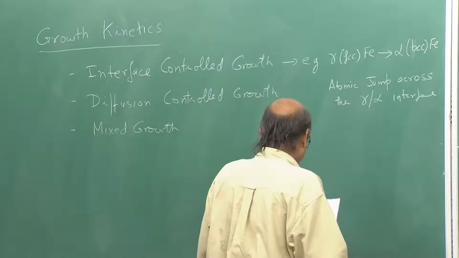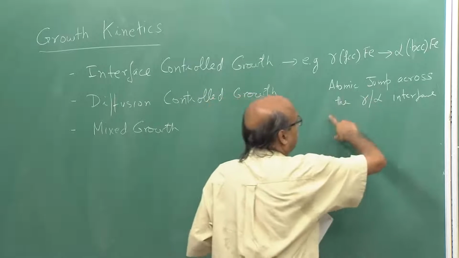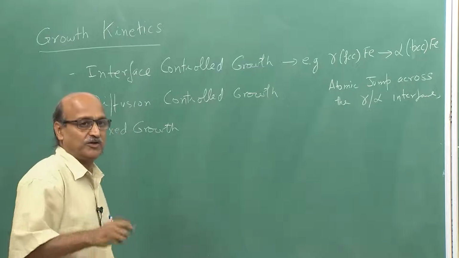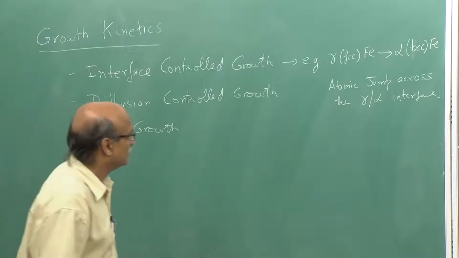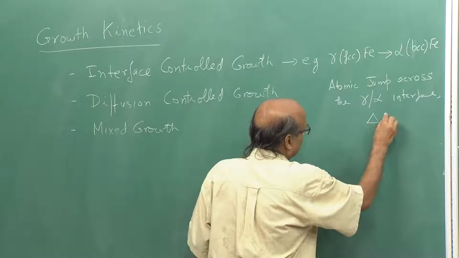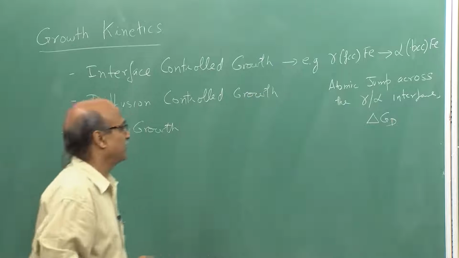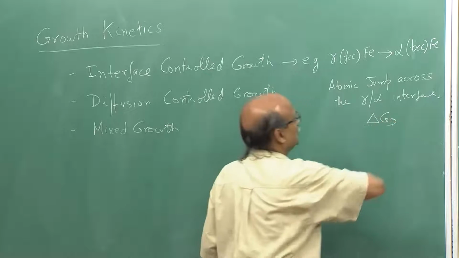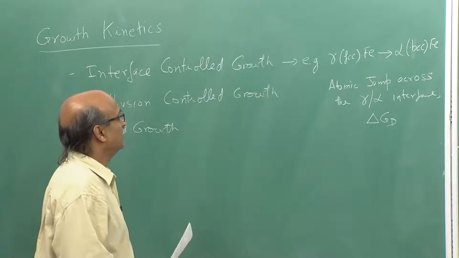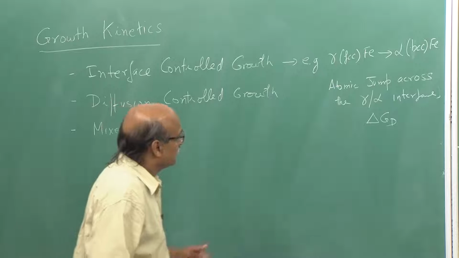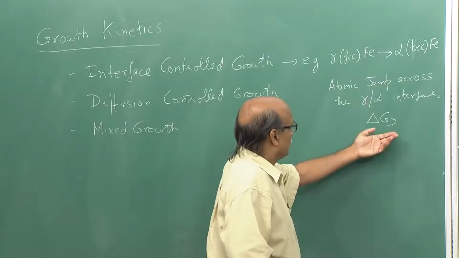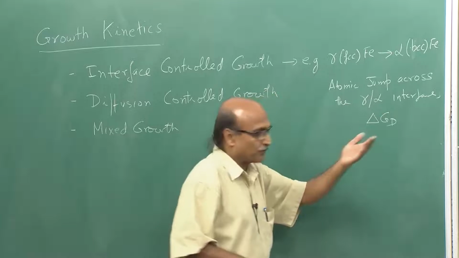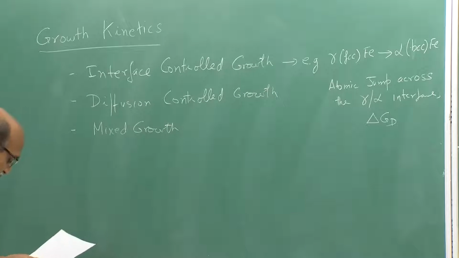So, considering this, what is the barrier to this atomic jump? We have already encountered that when we were talking about nucleation, and that barrier is delta GD, the energy barrier across the interface. This is a term whose magnitude we also have some idea of from our earlier lectures, where essentially an atom would jump from the parent phase to the product phase.